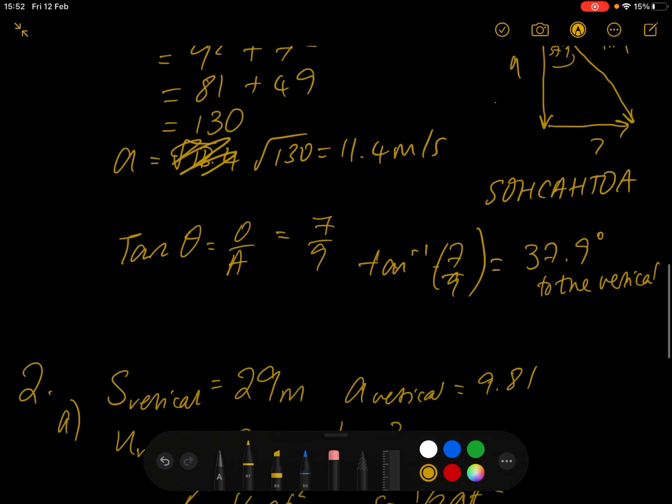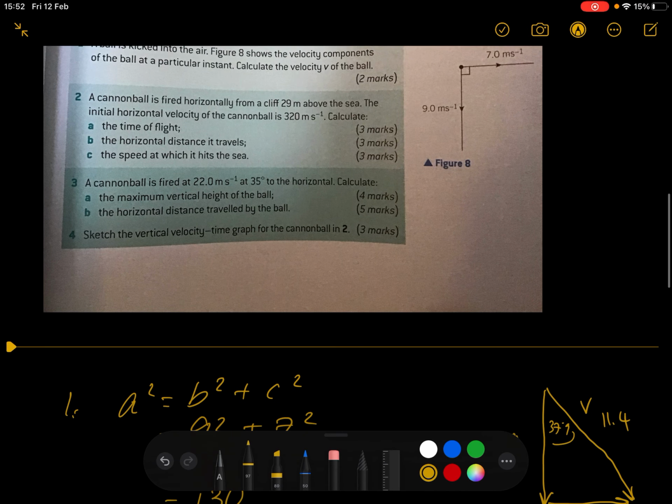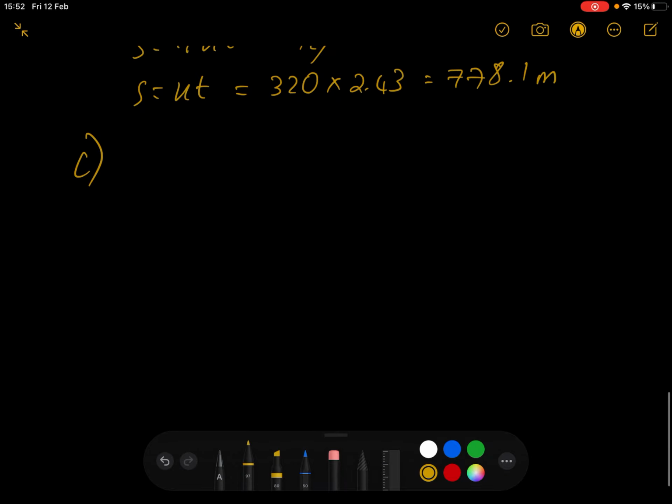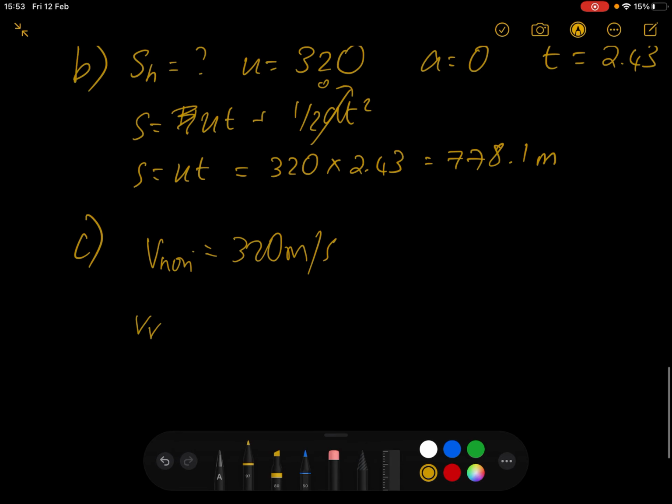Okay. C. The speed at which it hits the sea. Apologies. Right, so what I'm going to do is work out the vertical velocity and then combine them like we did in question 1 to work out the resultant. So we know V horizontal is 320 meters per second. So let's work out V vertical, VV, as it were.